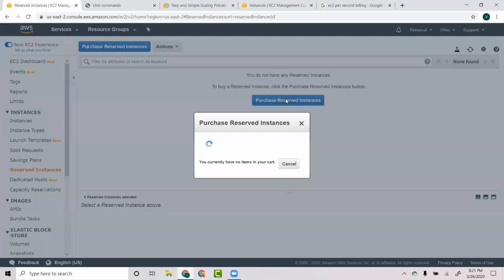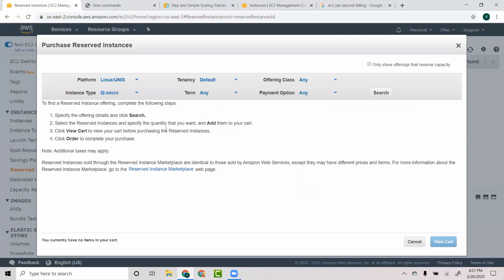You can purchase it based on the platform. You can say Linux, Unix, T2 micro, tenancy default.